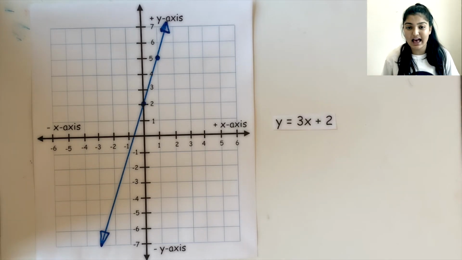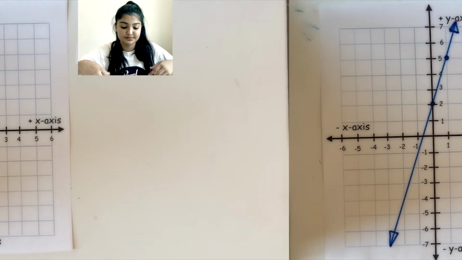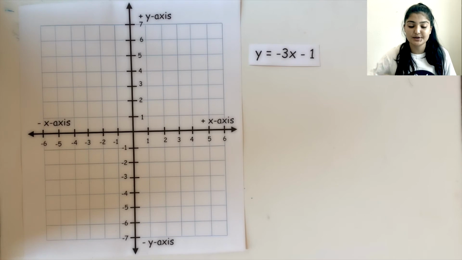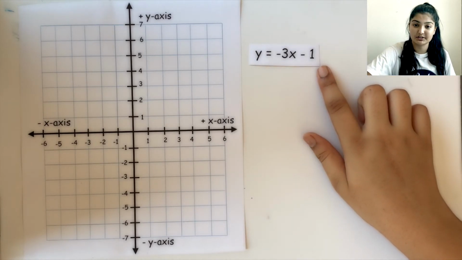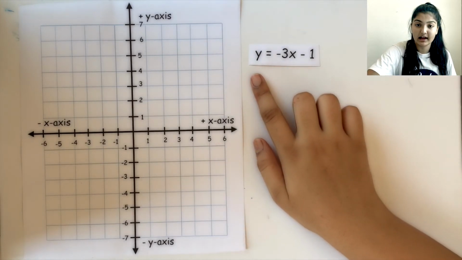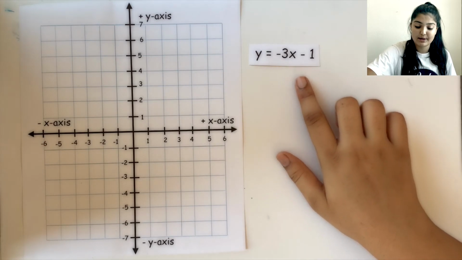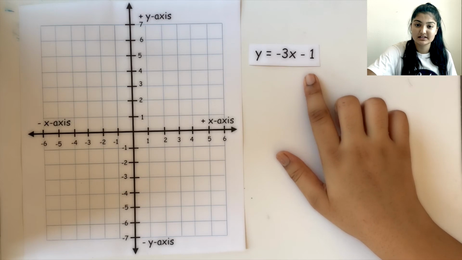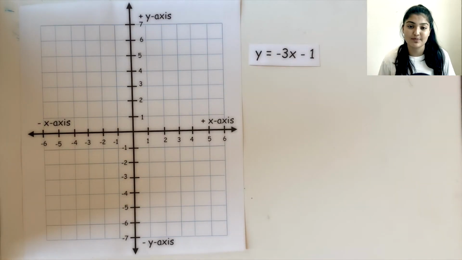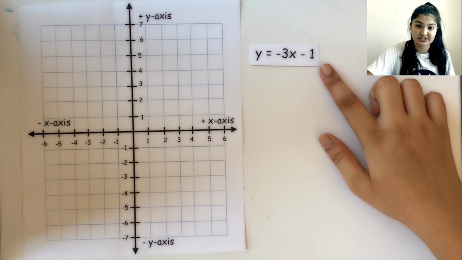Now let's look at another example. Let's graph a line using this equation: y is equal to negative 3x minus 1. So what's the slope and the y-intercept in this equation?